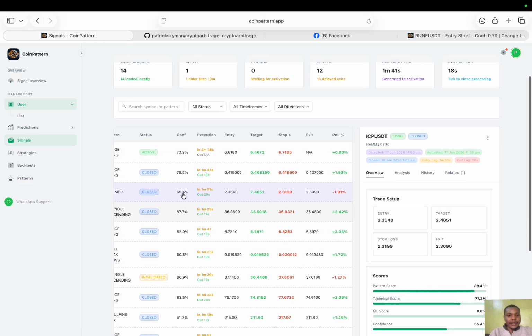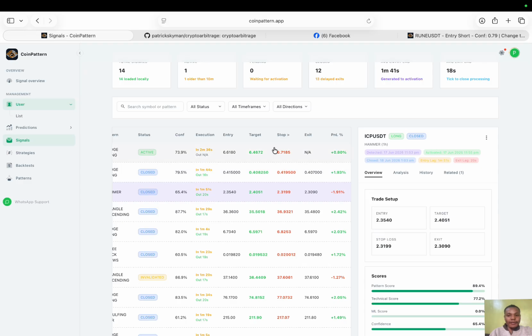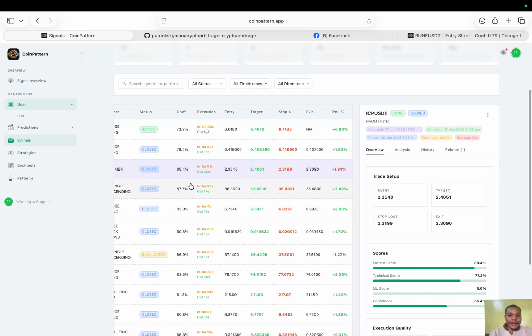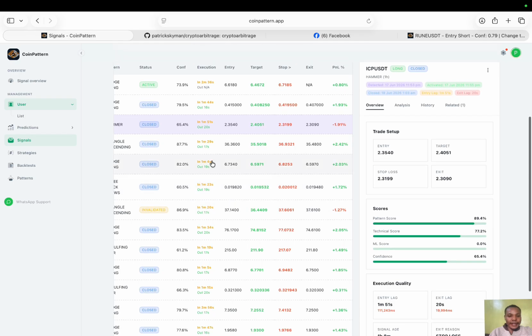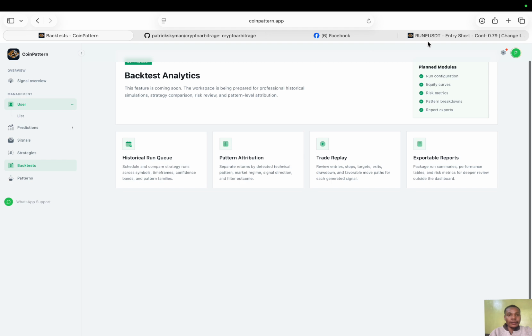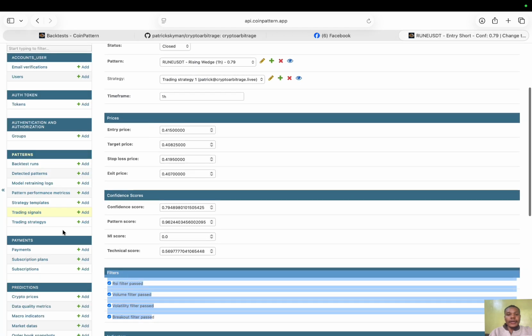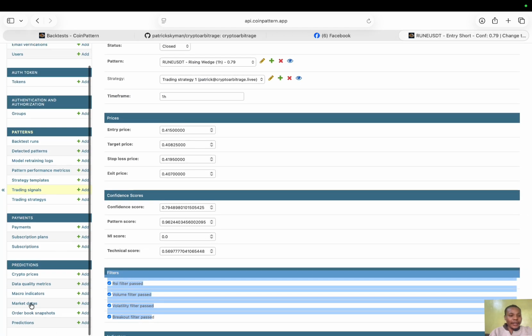Again, as I said, you can set the confidence score to over 65 or maybe over 70 or over 80, but it's going to be limited. You're going to have limited trades, but you're aiming for the maximum confidence. So that is essentially how we are doing this one.